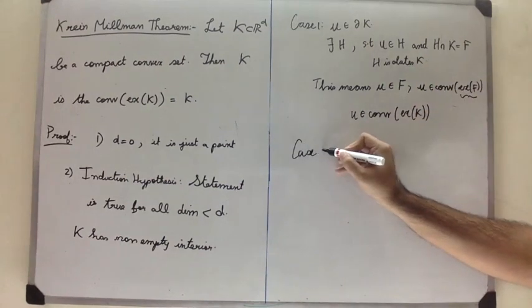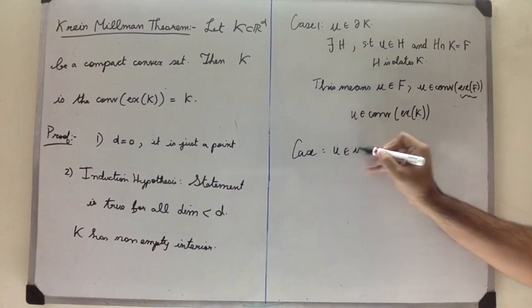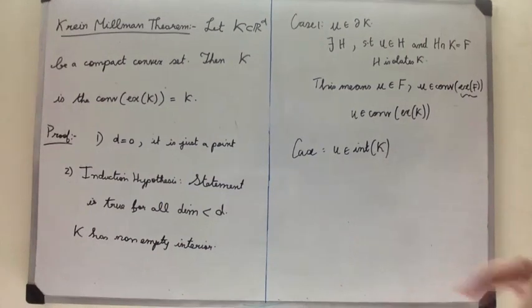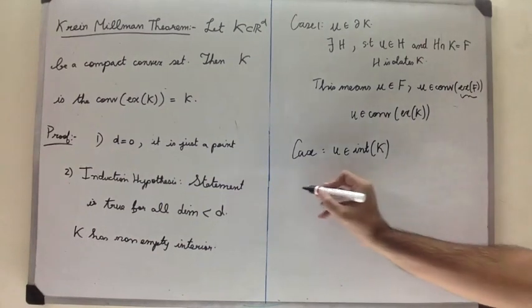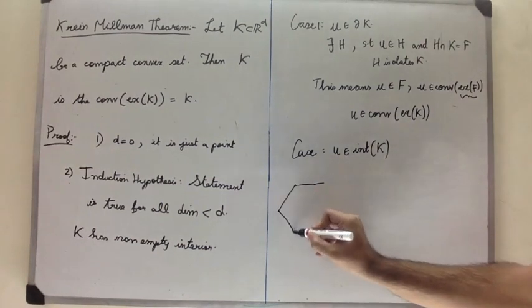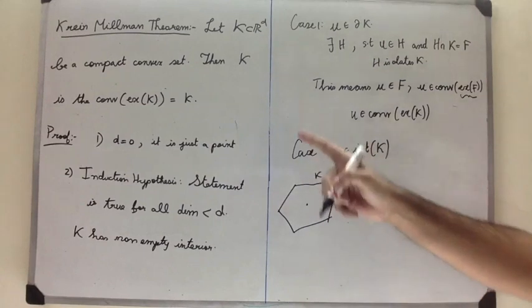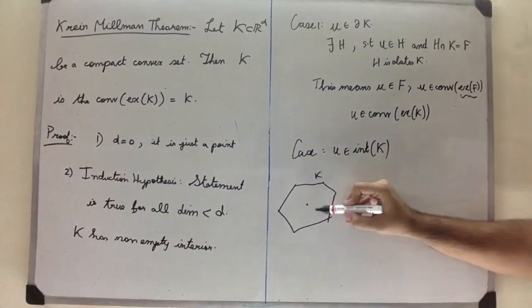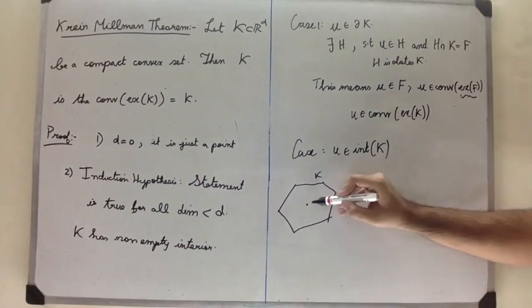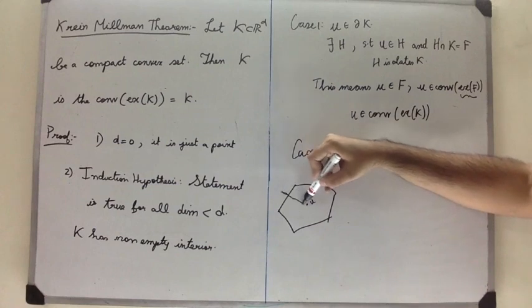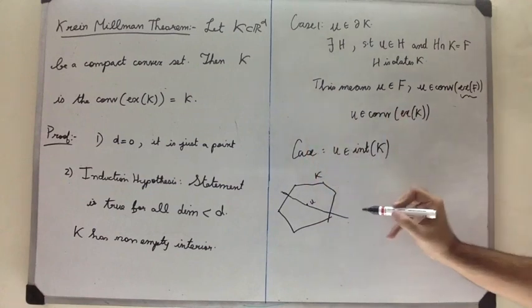Now, for the case when u lies in the interior, we'll prove this part by very easily looking at a diagram. Suppose this is K, a compact convex set, and this is your u, which lies in the interior. Consider any line L passing through u.